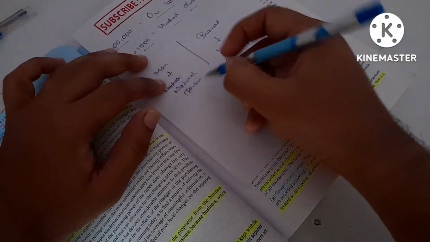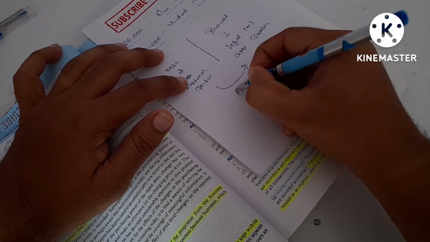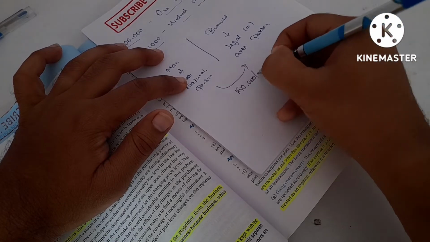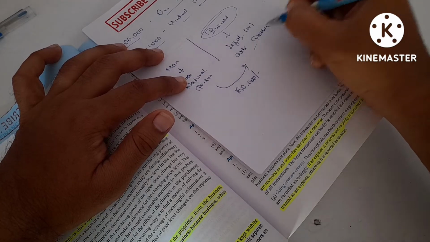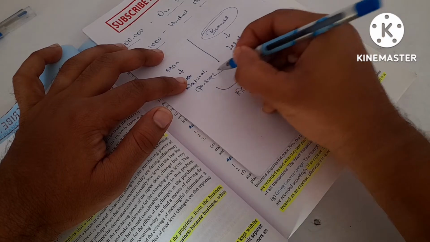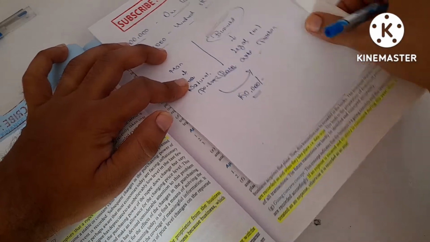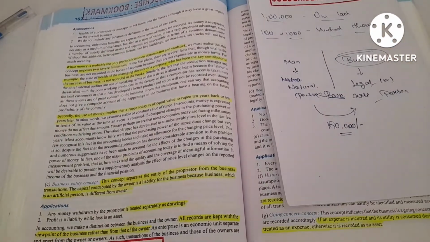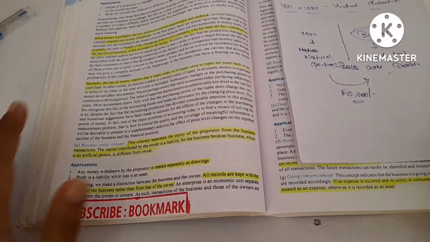Suppose this natural person invests 50,000 as capital, then this legal or artificial person, the business, is liable to pay this 50,000 back to the owner, because it is as if it borrowed the money. You have to think of it like that.